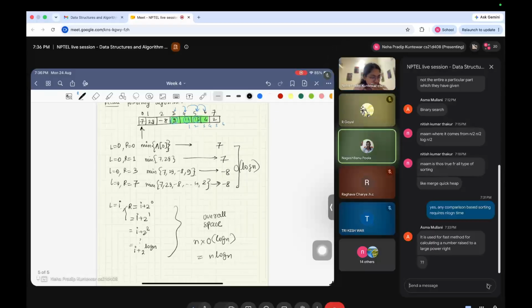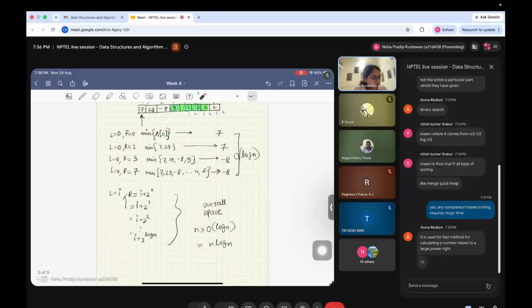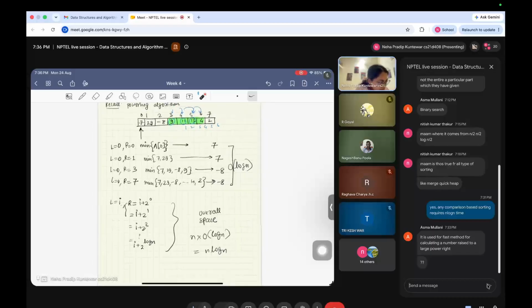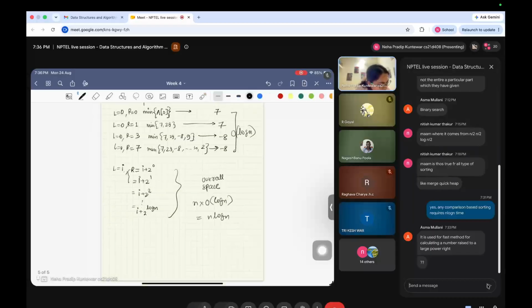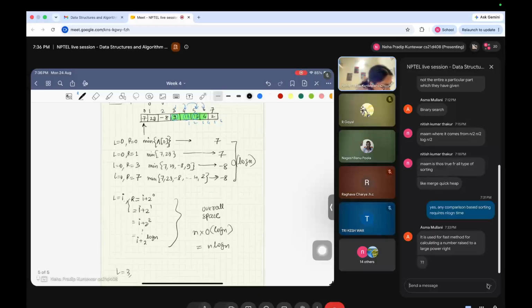Now the question is, if a query comes, how do you find the minimum, given that you have this extra information being stored? Let us say that, again, let me just take L to be 3 and R to be 6. So this is the set of values that come to you. You have to find the minimum now. So how would you use this information?